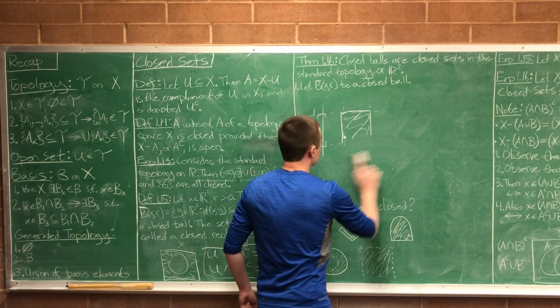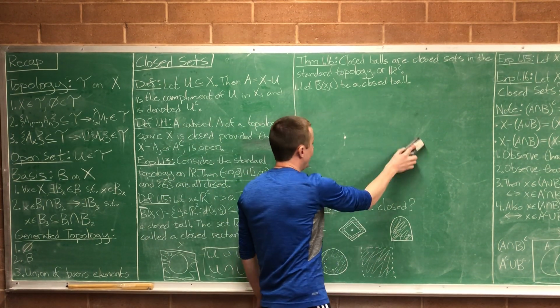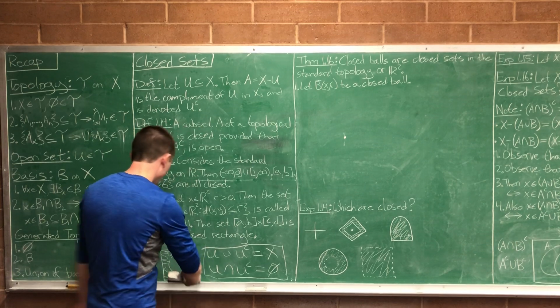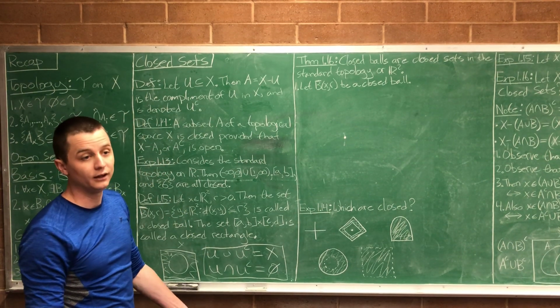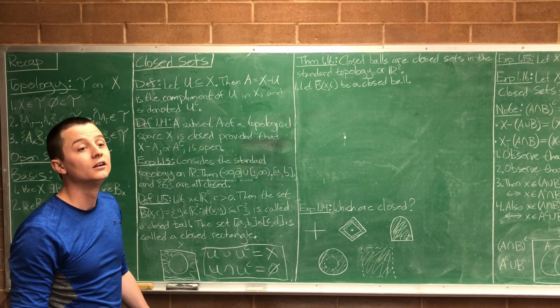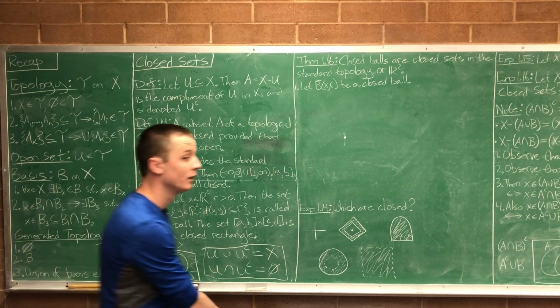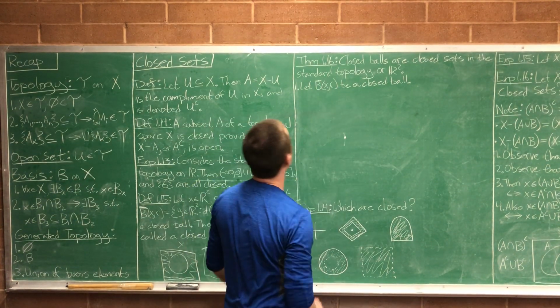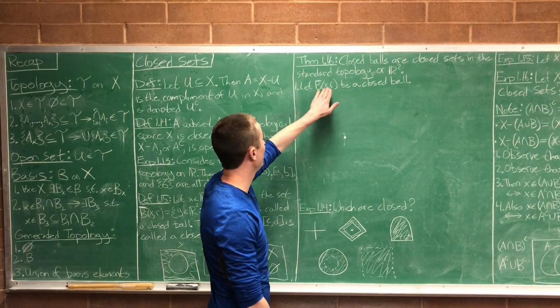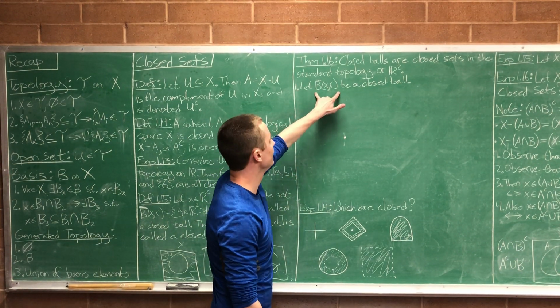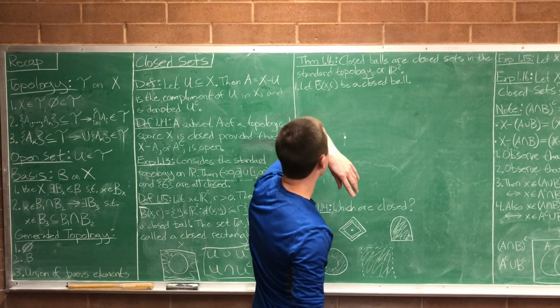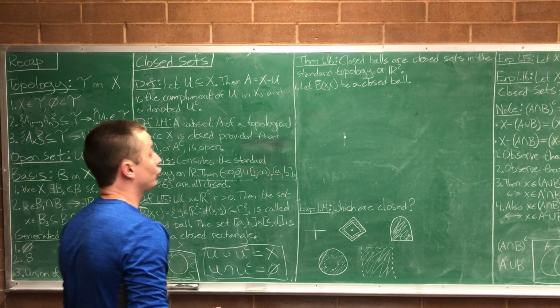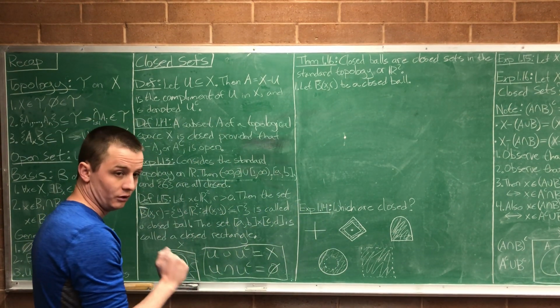Okay. So now we're going to prove that a closed ball is closed in the standard topology. That's what we're going to do first. So let B(x, r) be a closed ball. I'm trying to prove that this set is closed.